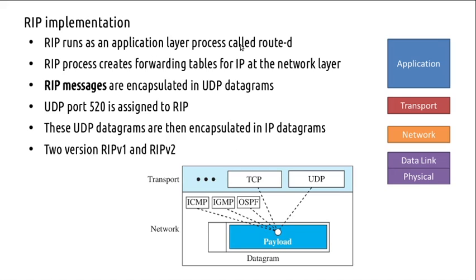So this is an application layer process, and it will generate a RIP message, which is encapsulated in a UDP datagram and runs on UDP port 520, and this UDP datagram is then encapsulated in an IPv4 data frame. That is what the encapsulation shown here is.